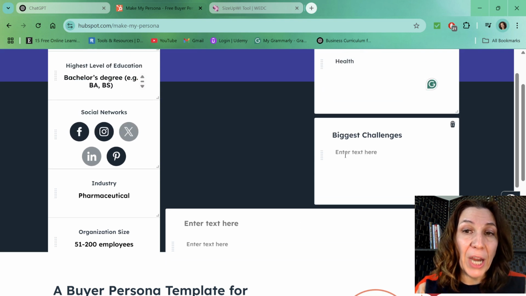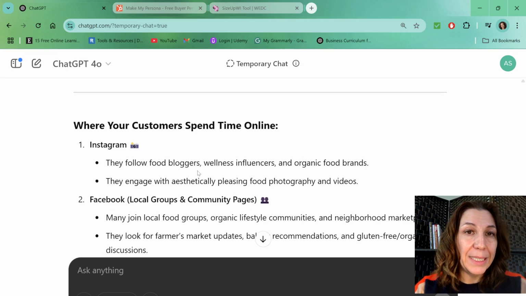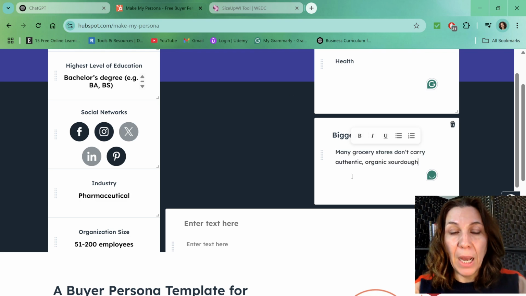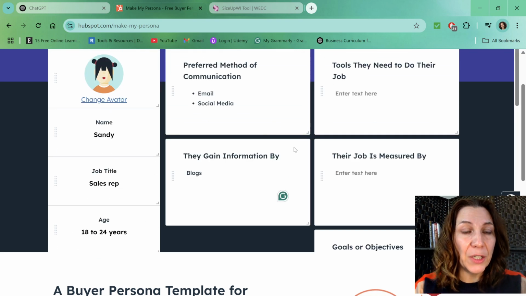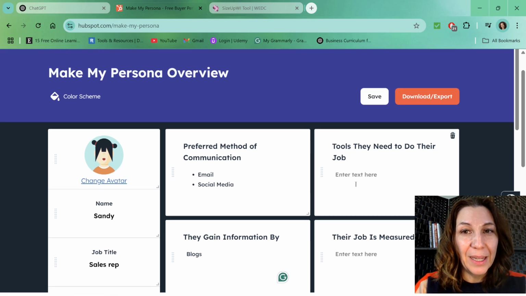What are their biggest challenges? Again, here we've talked about, you can just go and take some of this information from ChatGPT and put it here. And once you fill that, guess what?